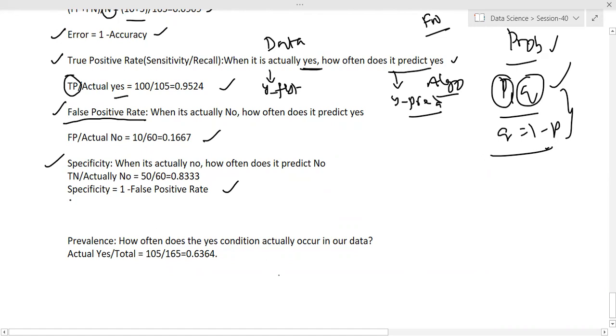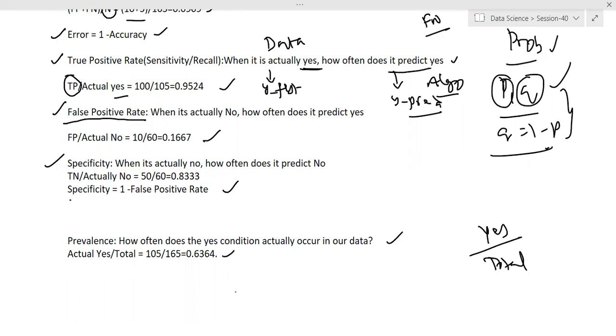What do you mean by prevalence, friends? Prevalence means out of total conditions, how many yes we are having. This is not that useful, guys, because if the data set does not have many yes, then banking on this won't give us any advantage.